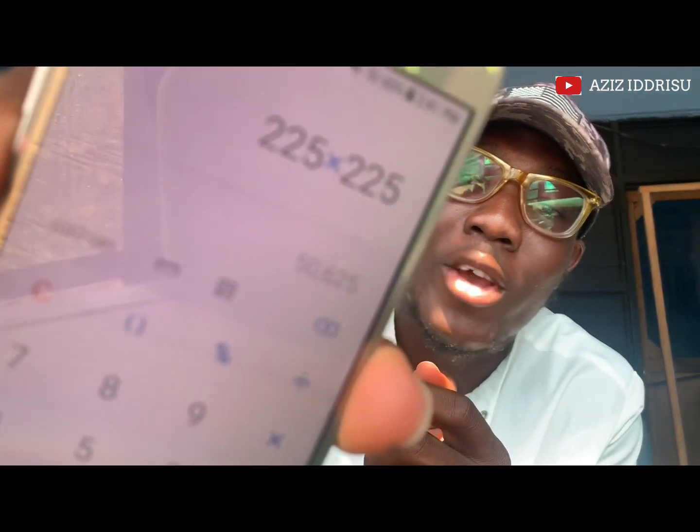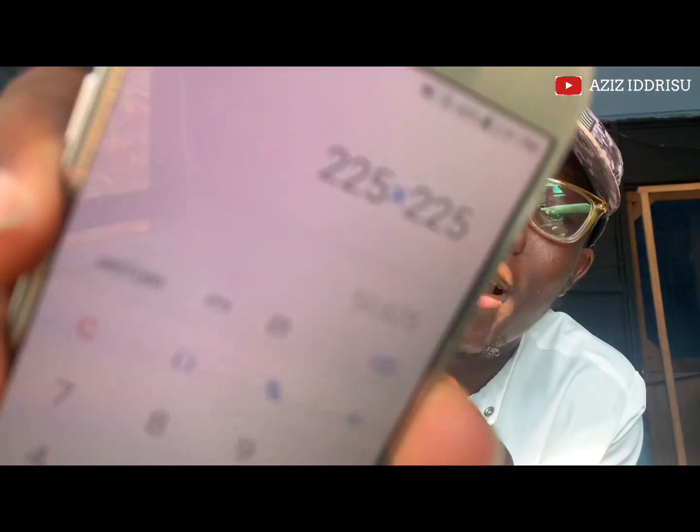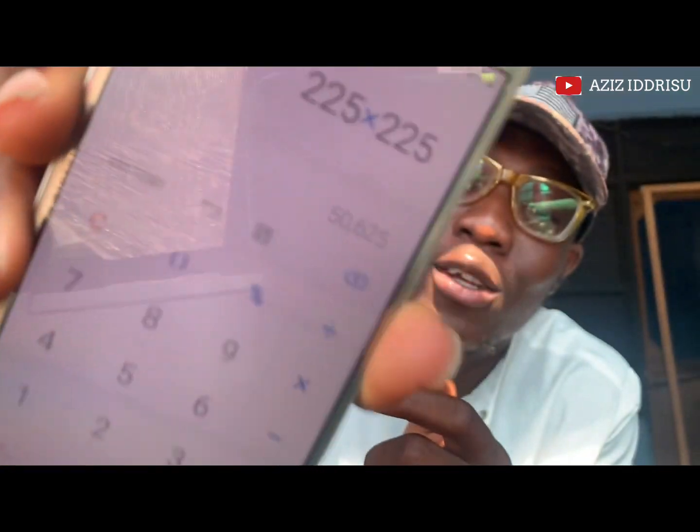be 225 by 225. So if you use 225 by 225, somebody will say that the 150 by 300 is almost the same as the 225 by 225. But let's take a look at something here. 225 times 225 gives us 50,625. That's the 225 by 225.